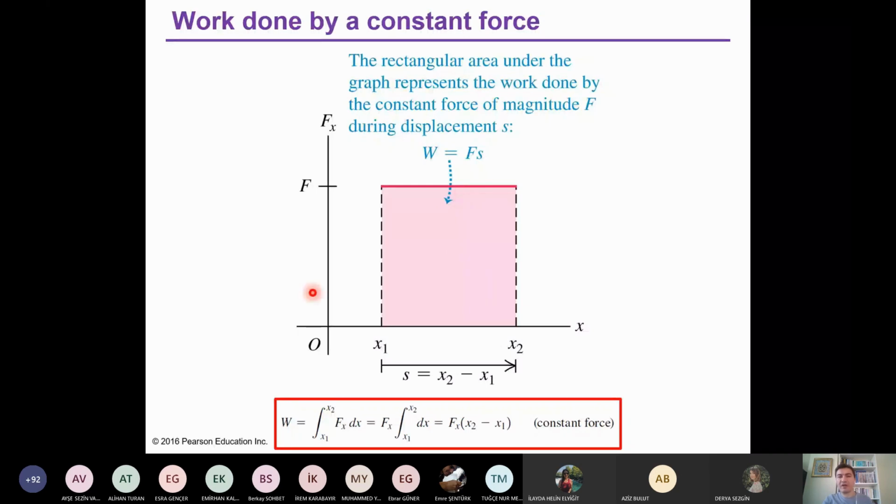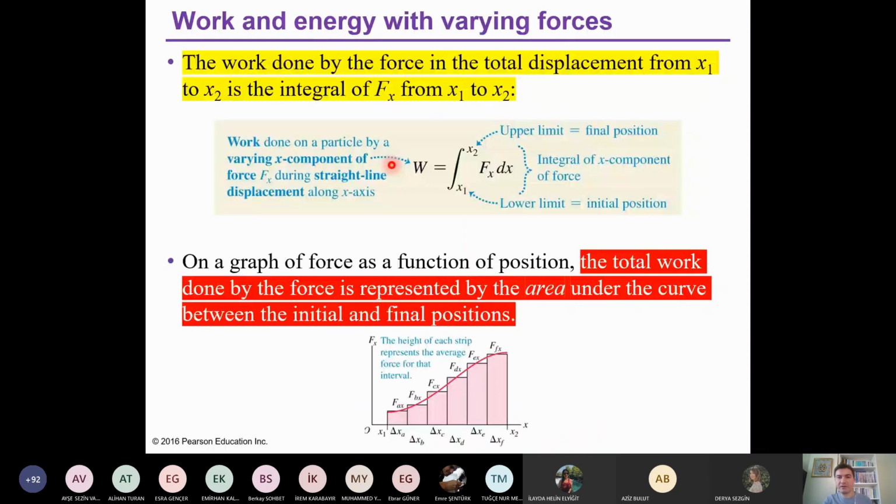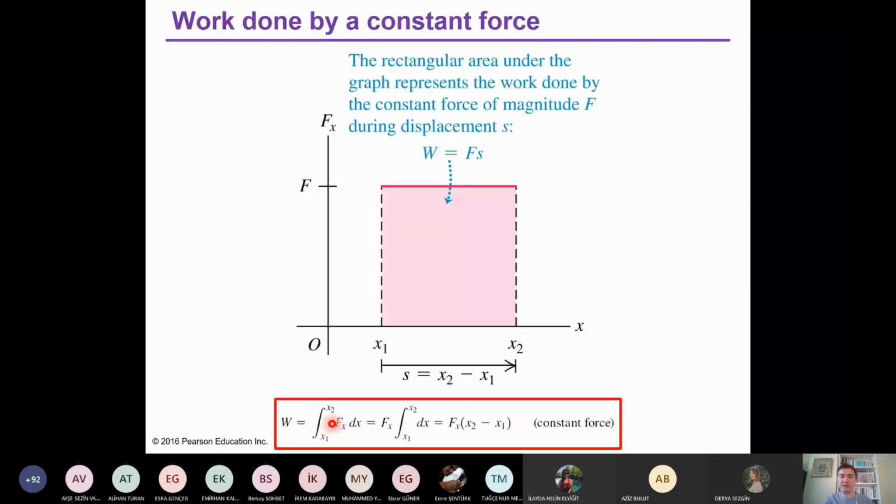So just use this work expression for varying force, and then put this constant force within this equation. Then let's see what will happen. Instead of Fx, I use this constant force, and then I integrate.